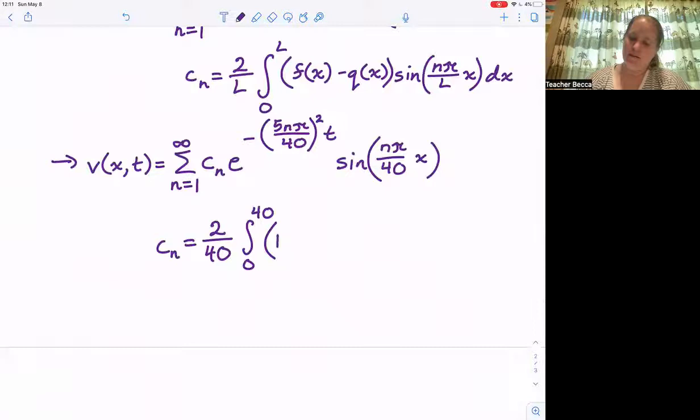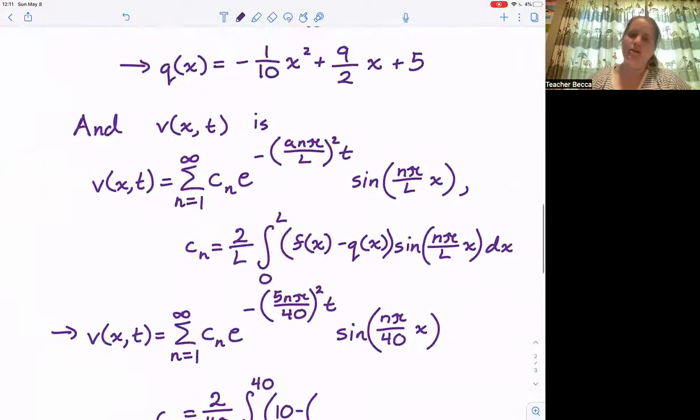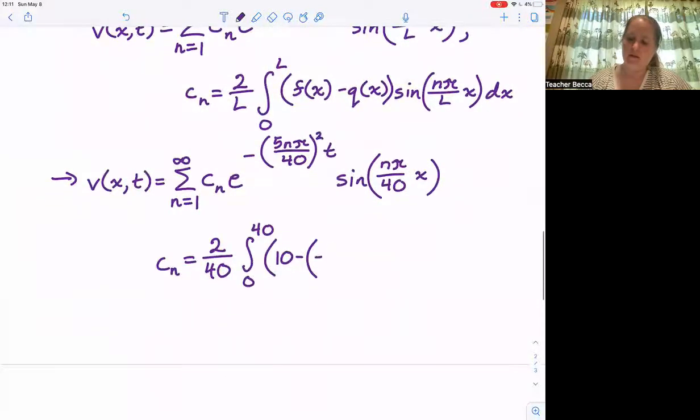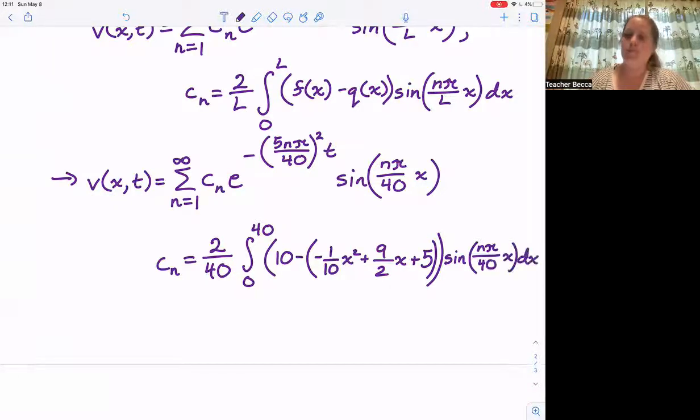We'll have 10 minus our q of x. Q of x was negative 1/10 x squared plus 9/2 x plus 5. And this whole thing is multiplying sine of n pi over 40 x dx.